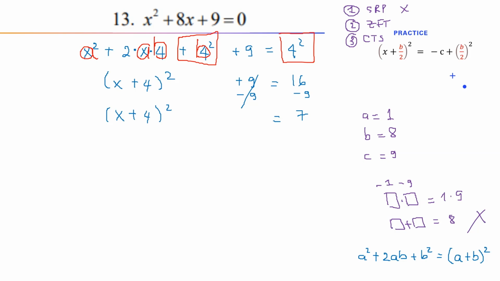Alright, now we use the square root property to solve. So x plus 4 equals square root of 7, or x plus 4 equals minus square root of 7.